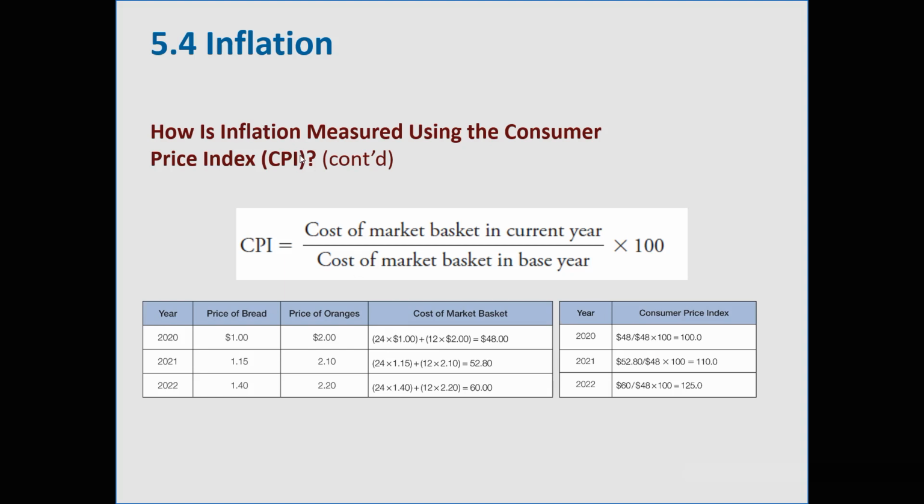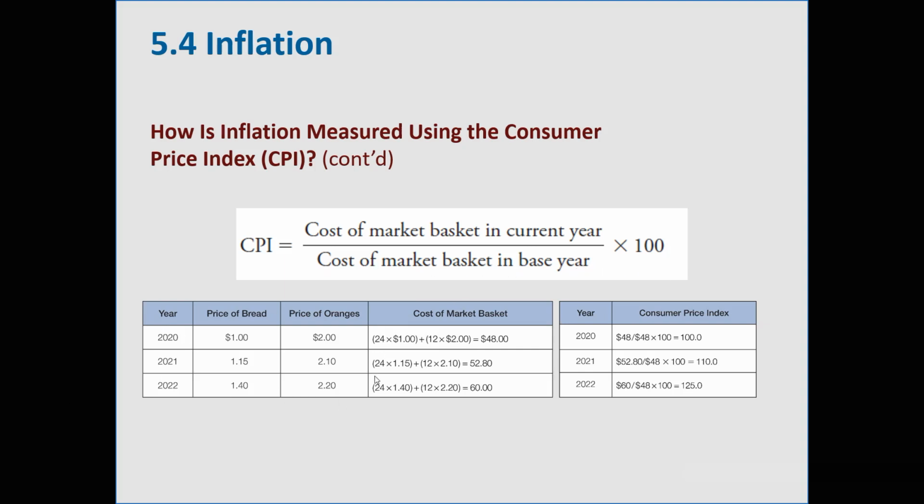Okay. Now let's take a look at some computations. When you want to compute the CPI, you generally have what is referred to as the base year. The base year is the year that is like your starting point. Then you want to see if the price has changed from one year to another compared to your base year.